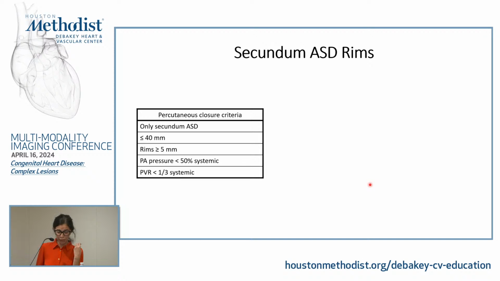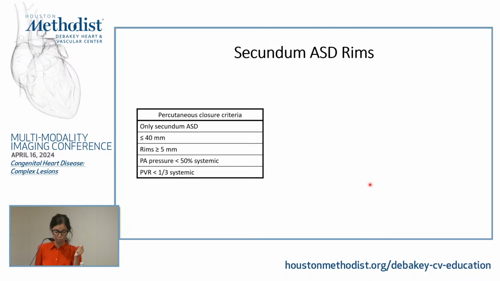So why do we report the rims in secundum ASDs? Because these are the only defects that can be closed via transcatheter, right? At this point in time in the United States. And this is likely to change as the technology and the experience for sinus venosus defect closures increases in other areas of the world.